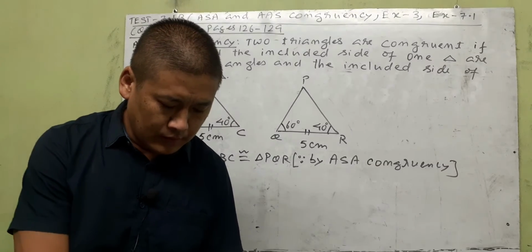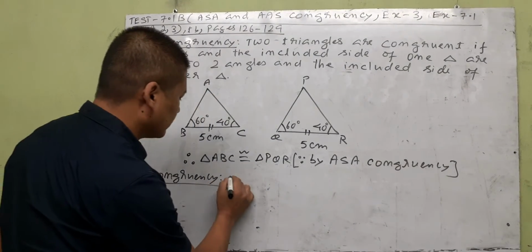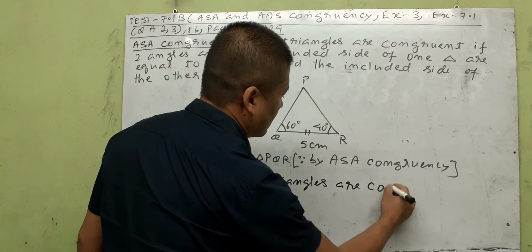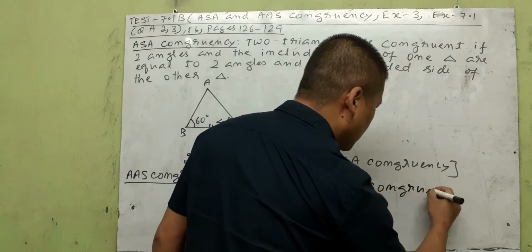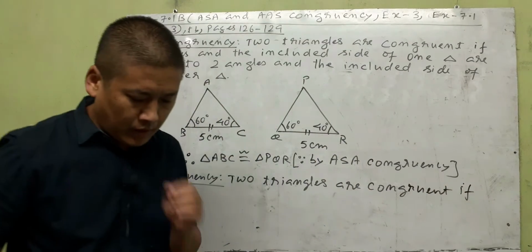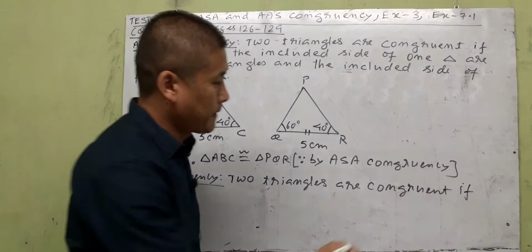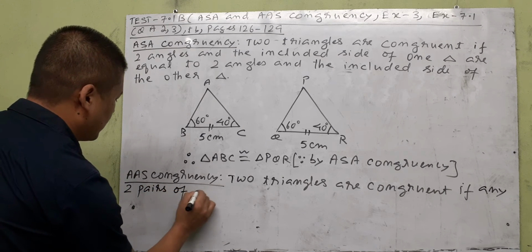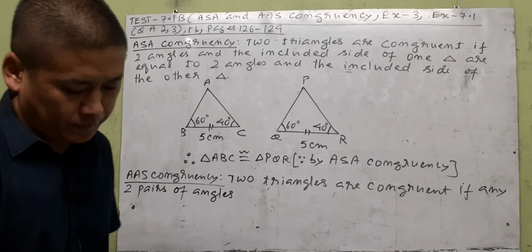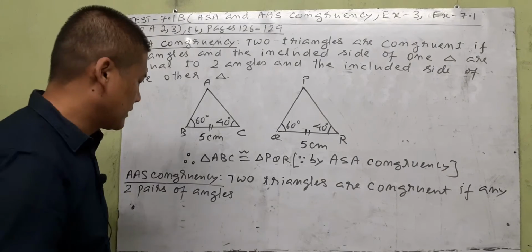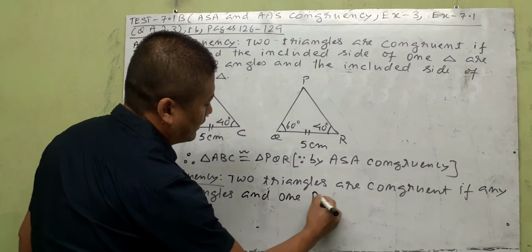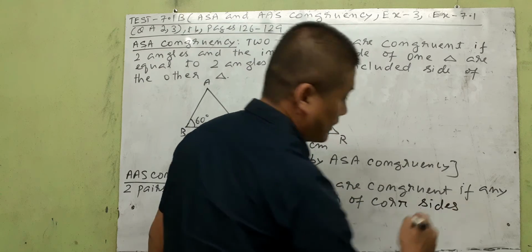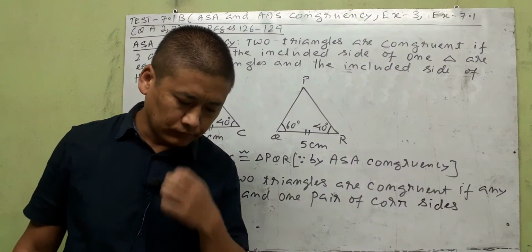Next, two triangles are congruent if any two pairs of angles and one pair of corresponding sides are equal.